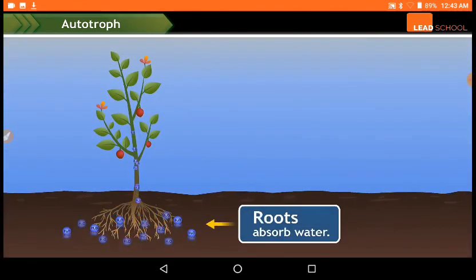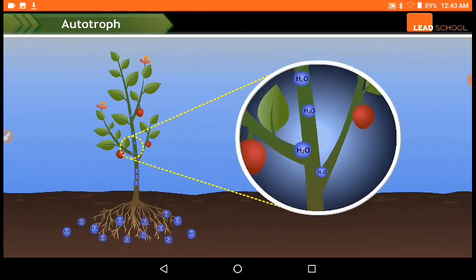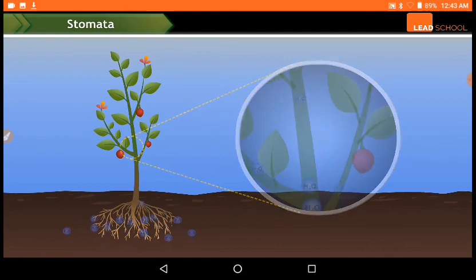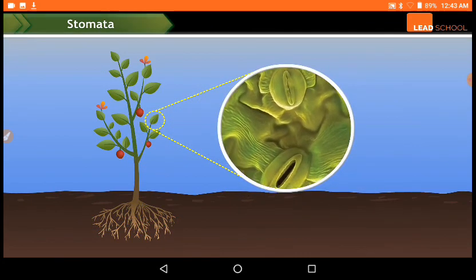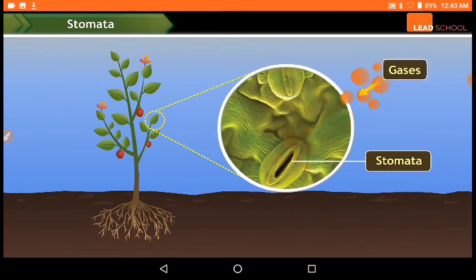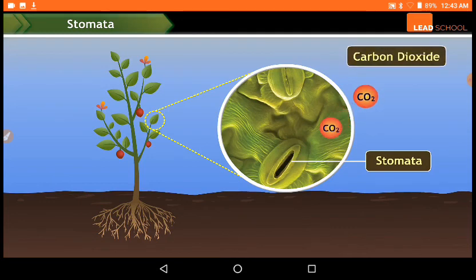Roots absorb water and nutrients from the soil. These travel up the plant through tube-like vessels inside the stem to reach the leaves. The surface of these leaves has tiny pores called stomata. Gases enter and exit. For photosynthesis to occur, plants need to take in carbon dioxide through these stomata.